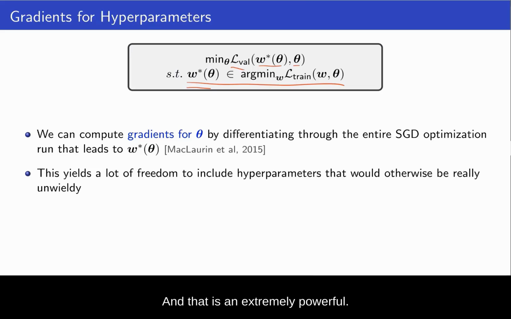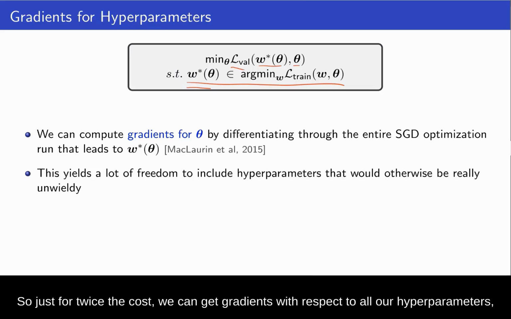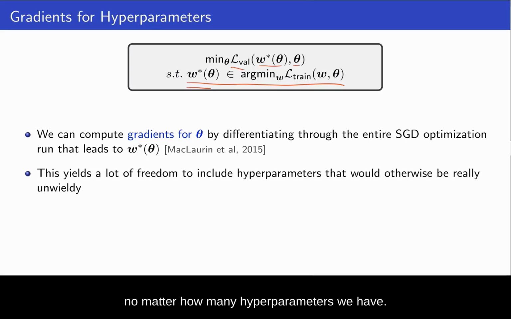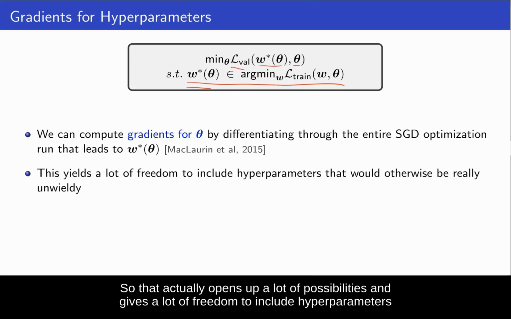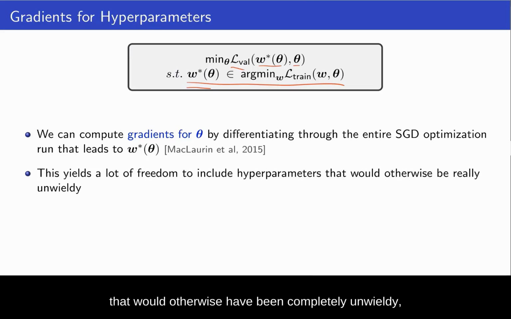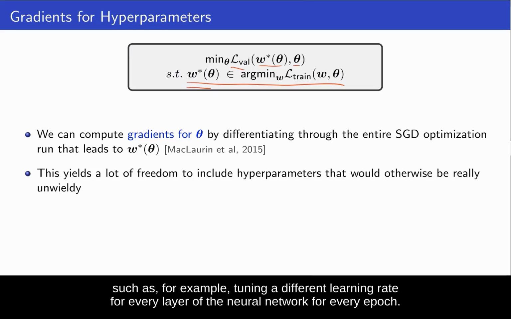And that is then extremely powerful. So just for twice the cost, we can get gradients with respect to all our hyperparameters, no matter how many hyperparameters we have. And that opens up a lot of possibilities and gives a lot of freedom to include hyperparameters that would otherwise have been completely unwieldy, such as, for example, tuning a different learning rate for every layer of the neural network for every epoch.